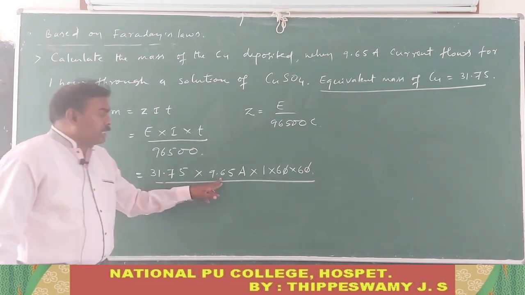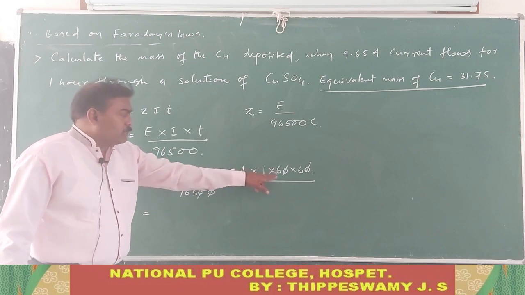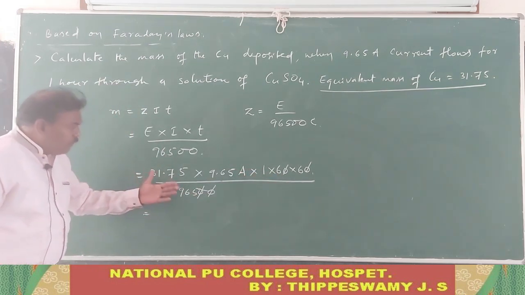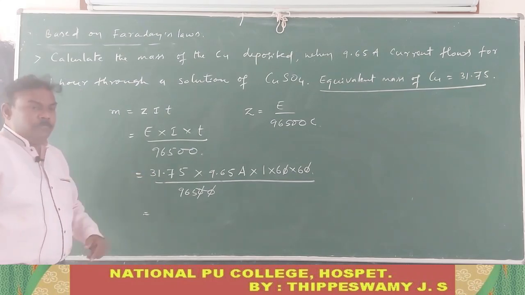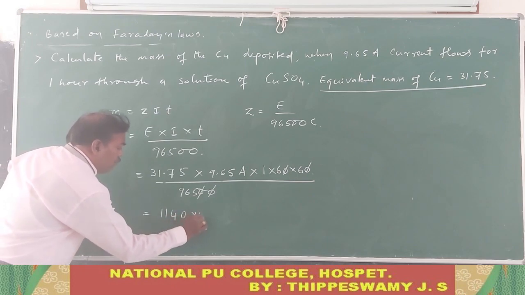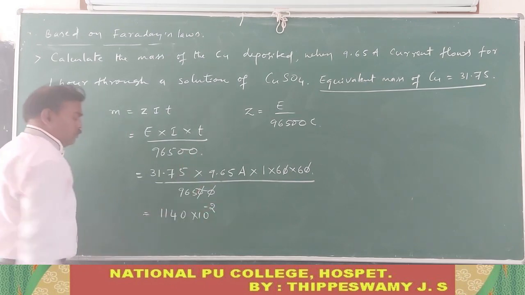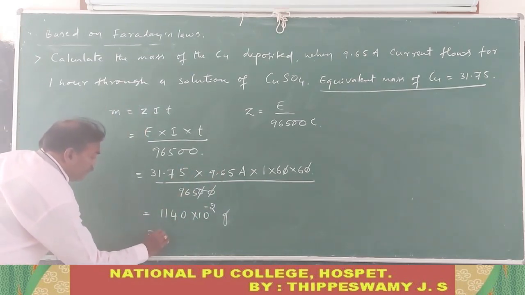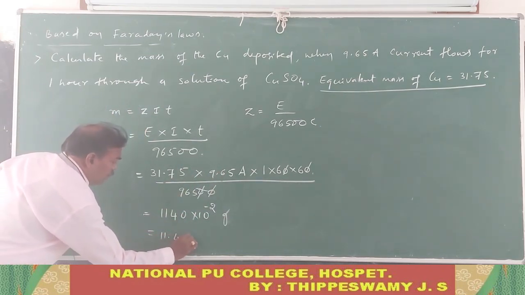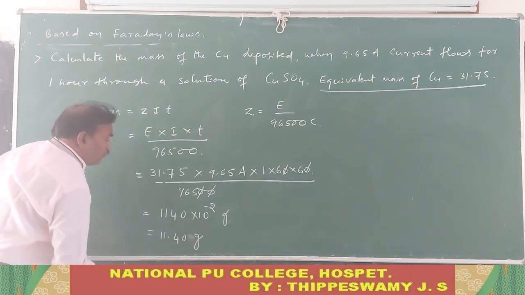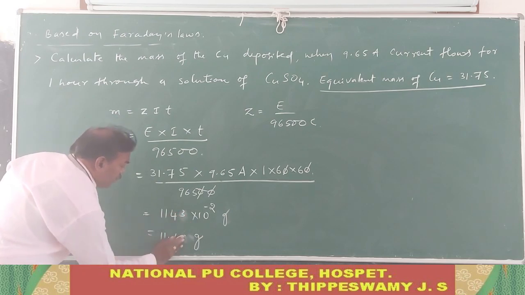Now to get the answer: 31.75 into 9.65 into 6 whole divided by 965. On simplifying, we get 1143 into 10 to the power minus 2 grams, or 11.43 grams.